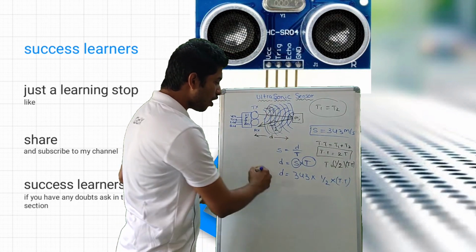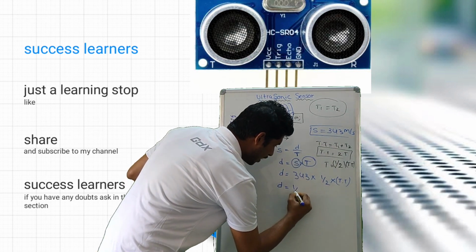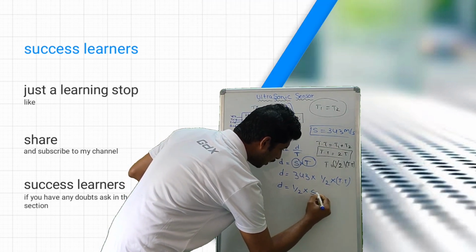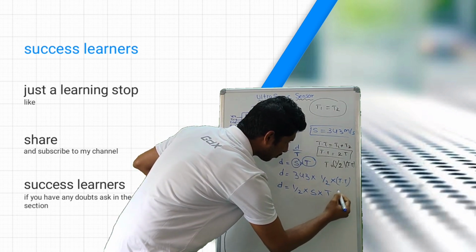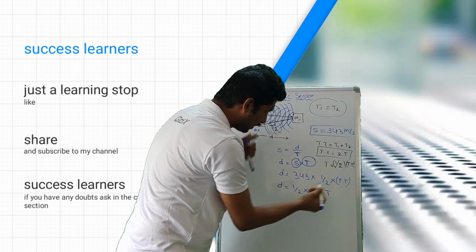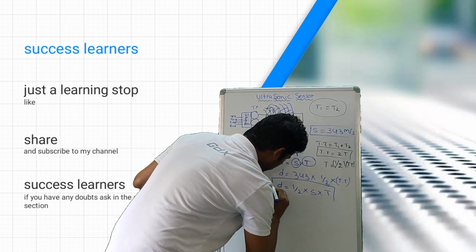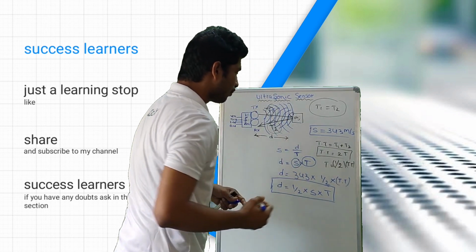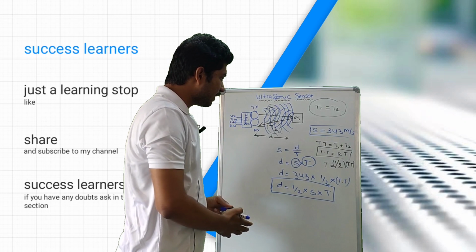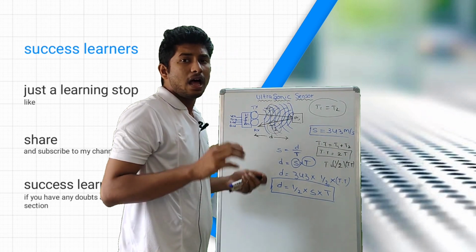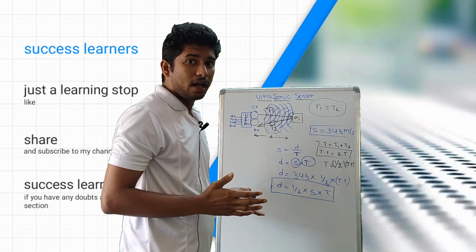Or else we can write it as 1 by 2 into speed of the ultrasonic sound signals and the time. Let us take this total time as t, then the formula is half into speed into total time. So this is all about this ultrasonic sensor. Let us discuss how to write the Arduino IDE code.